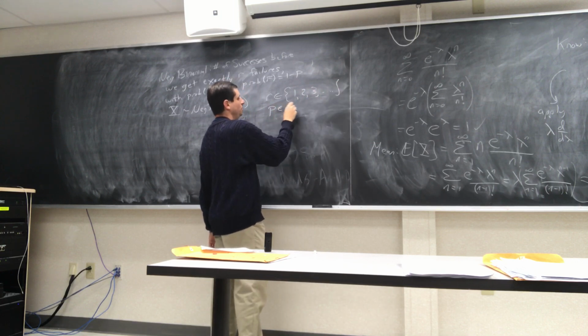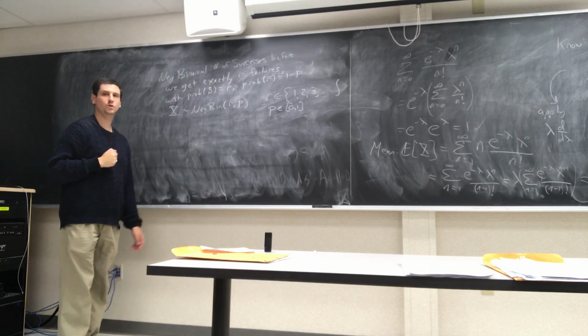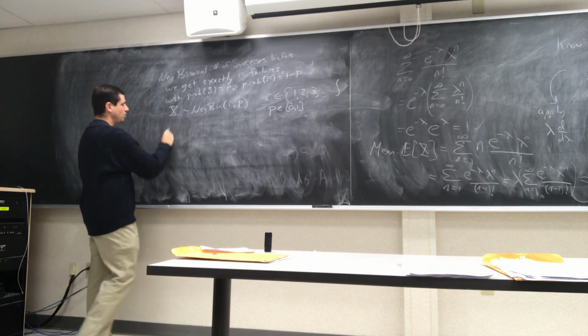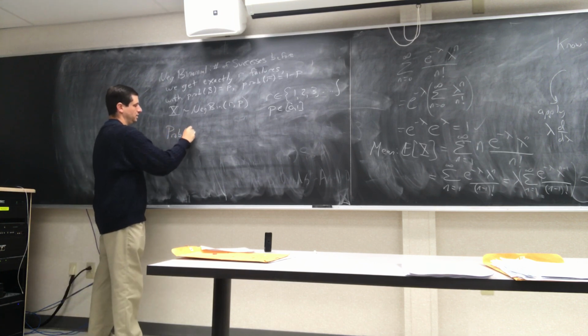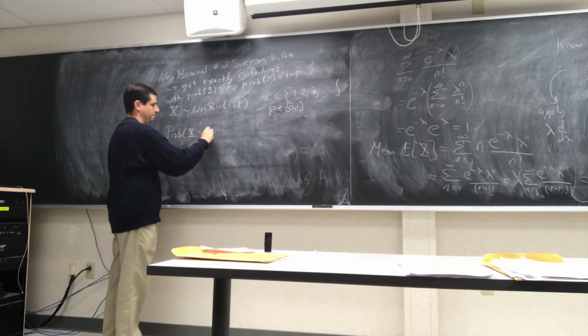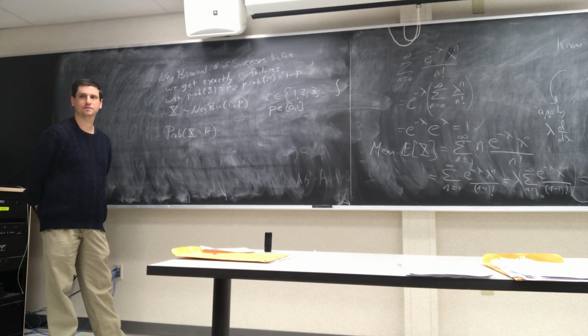And P will be in the interval (0, 1). So you always want to know where your parameters live, what your possible values are. So let's try to analyze the probability that X equals k. So we want to have exactly k successes before we have R failures.